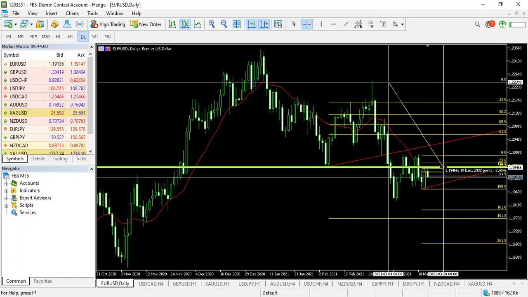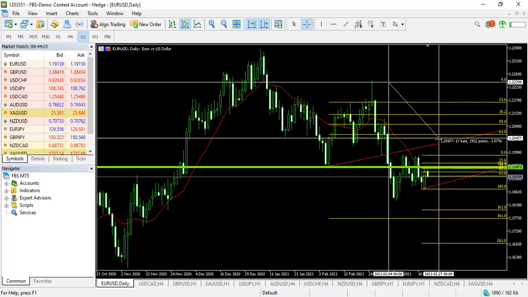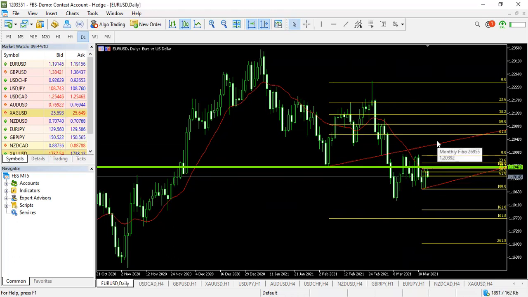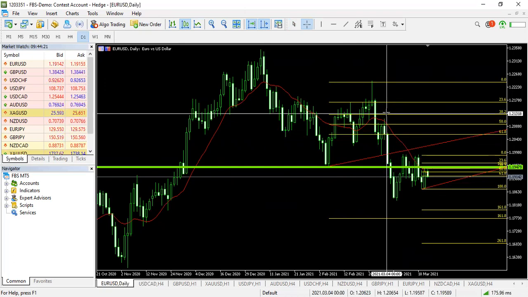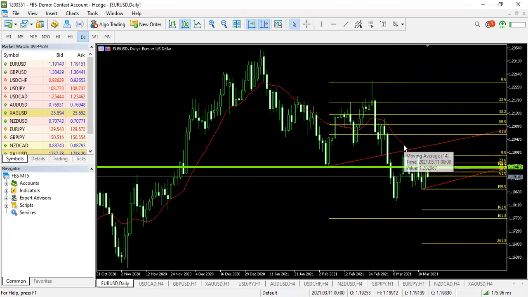However, it might not get there because of the range that I mentioned between 120,400 and 118,330. Should we get a break above the 120,400, then it's going to expose 121,600, then eventually our pivot point. But for that to happen, we need a stronger Euro or a very weak USD.